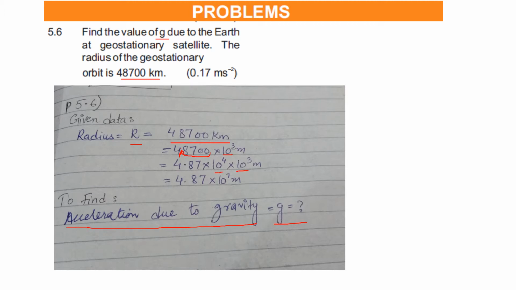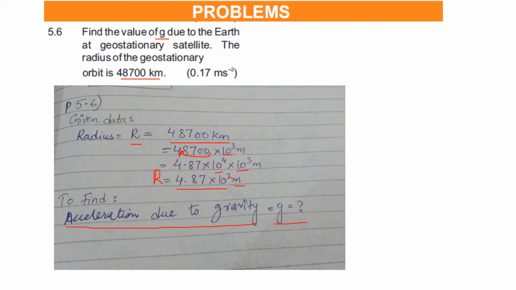If the bases are same, then the powers will be added, right? So 4.87 into 10 raised to power 7, because 4 plus 3 gives us 7, and the unit is meter. So now this radius is in appropriate unit and appropriate value. So this is the value of R.